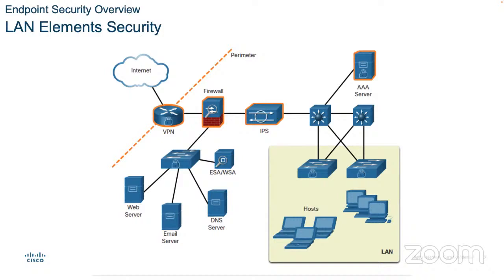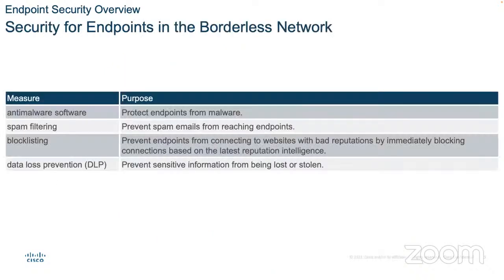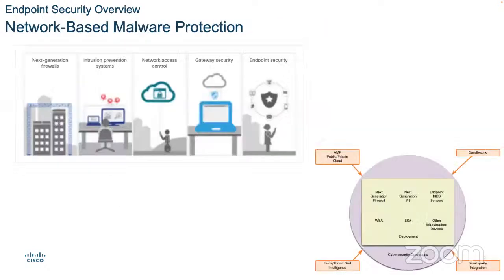Besides using traditional things like antiviruses and IPSs, now every new device brings its own challenge. While we have some things that we can do network-wide, like installing software on all the endpoints, enabling filtering, having block lists, and preventing our data from getting out, we can only do so much.